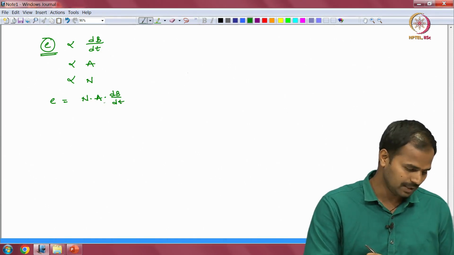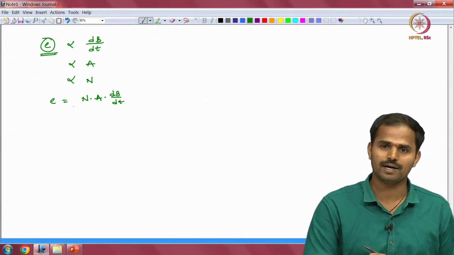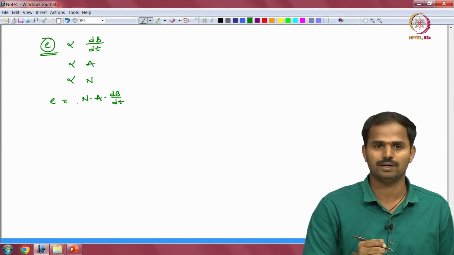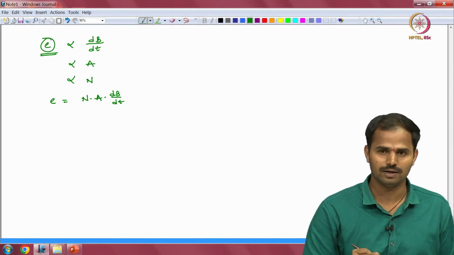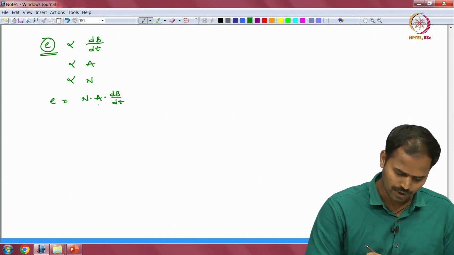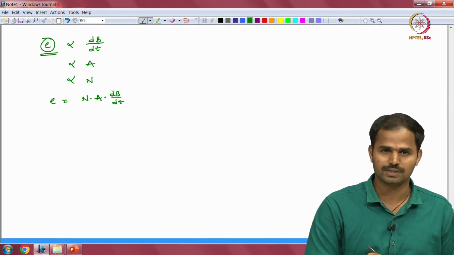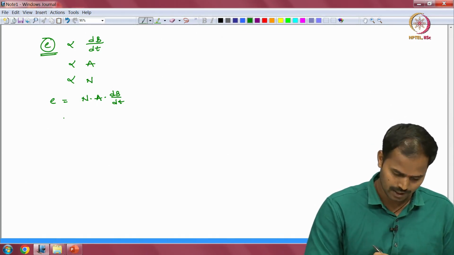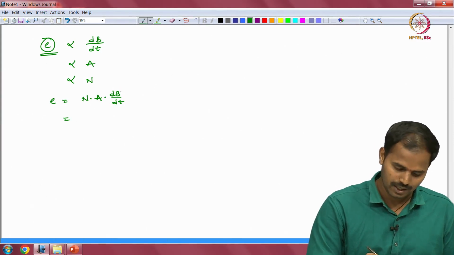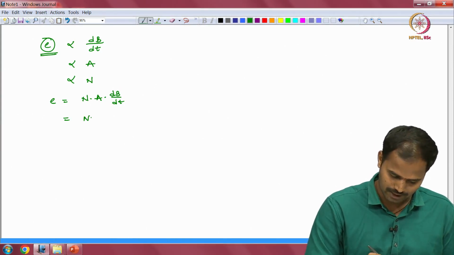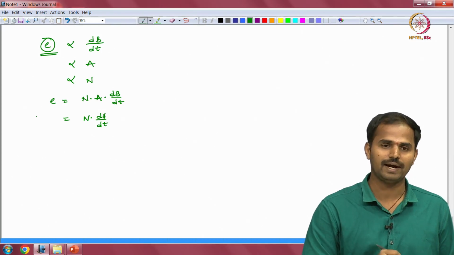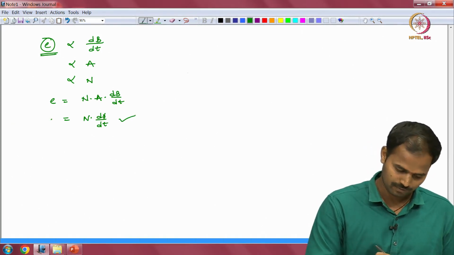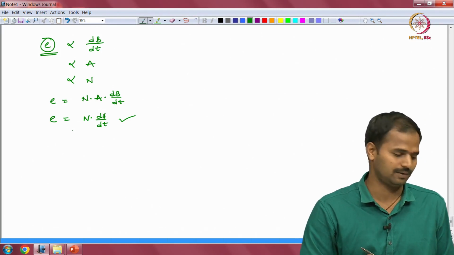Here area is the area linked to the secondary coil, or if it is a system with a core, the cross sectional area of that system. Here B into A is nothing but flux, and N into d phi by dt is the magnitude of the induced EMF. Faraday's second law gives this, the mutual induction.